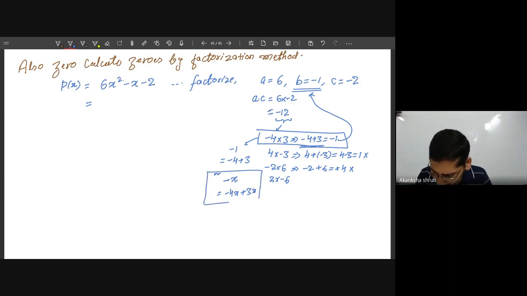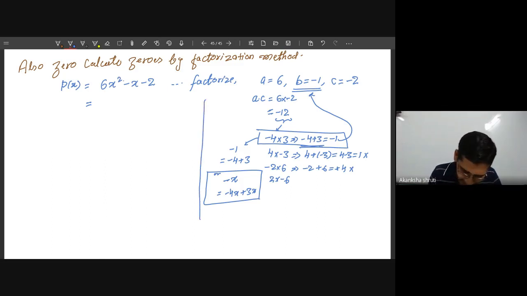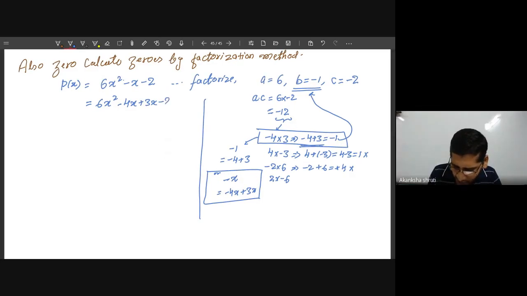So this replacement we are going to do here. Therefore, this can be written as 6x square minus 4x plus 3x minus 2. Students, still if you have any doubt, please go through our previous videos. You can get much more detail. I hope it is clear to everyone.